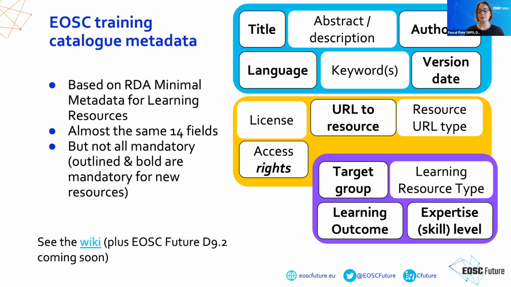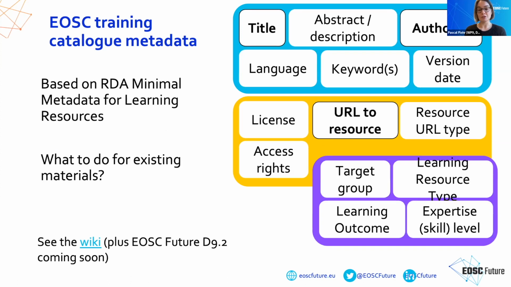And this is also something that I'd be interested to know what you think about, especially for existing materials that are already available. They exist now, but they might not necessarily have metadata or much metadata attached to them, and the people that originally made them, the authors, might not be available anymore.